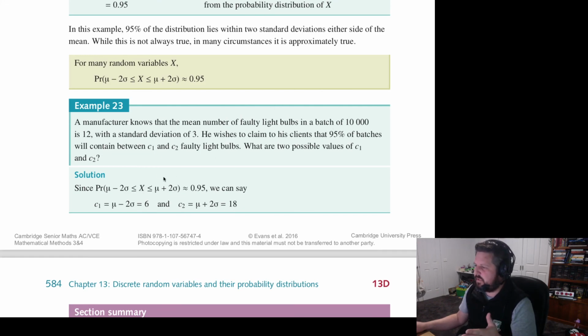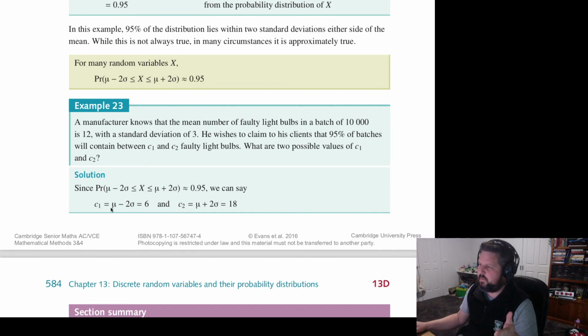If he wishes to claim that, then to the left of the mean, or the value below, it's going to be 2 standard deviations subtracted from that mean. So if his mean is 12, and he's got a standard deviation of 3, if he takes away 2 standard deviations from the mean, 2 standard deviations would be 6. 6 subtracted away from the 12 is obviously 6.